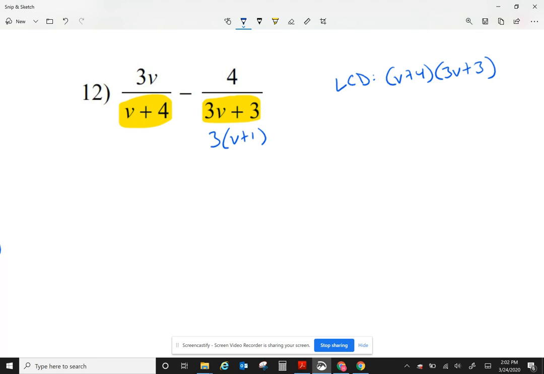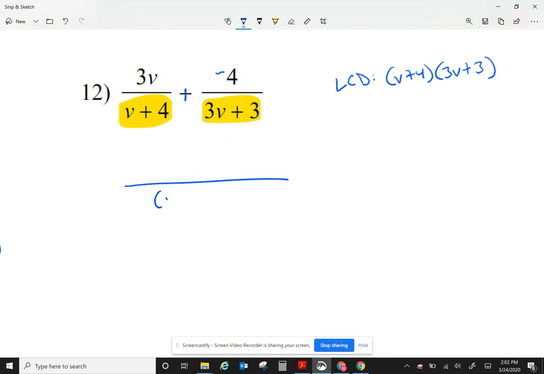Although I wrote 3 times v plus 1, I factored the second fraction just to see if I could cancel things out. Because I cannot, I put it back as 3v plus 3. Then the minus in between the fractions, I'll change it to a plus and distribute the negative to the second fraction. All right, so now from my LCD, let me write my fraction.